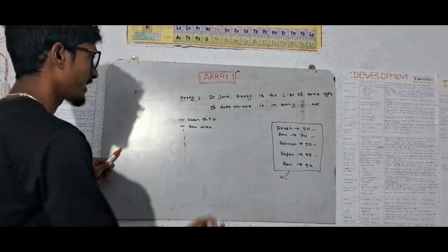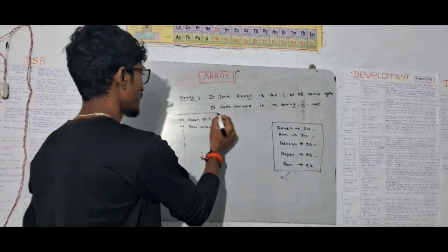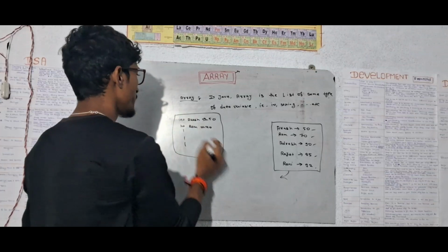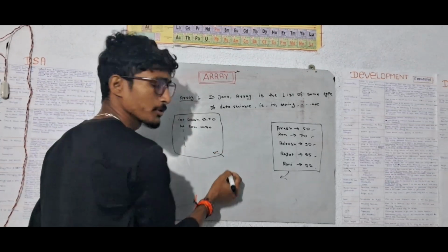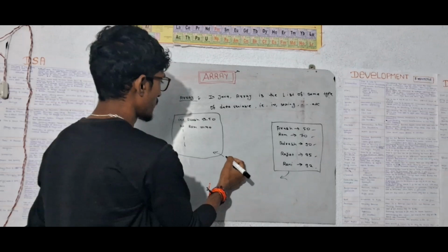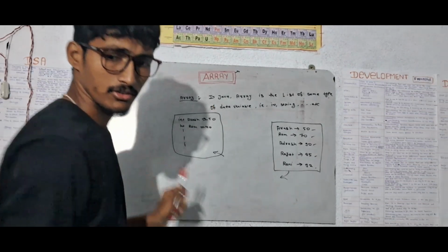So this is very complicated for storing the data. So to simplify, compress or reduce all the code, Java uses arrays.